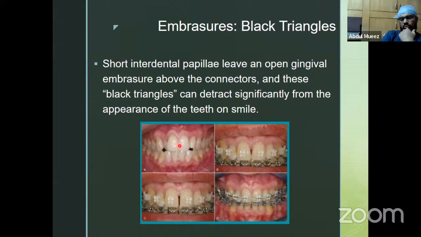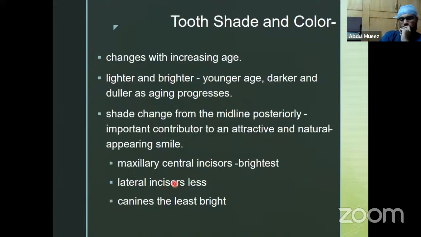So obviously when we have aligned it, we have developed a black triangle. This can also be minimized by doing some amount of IPR, interproximal reduction, and then closing the spaces. So this also needs to be considered.